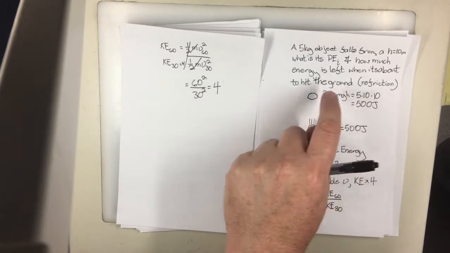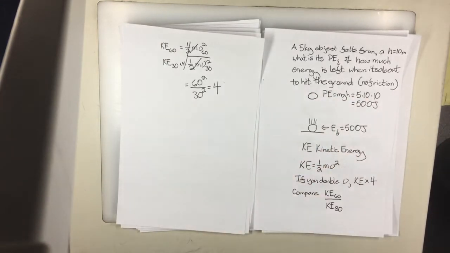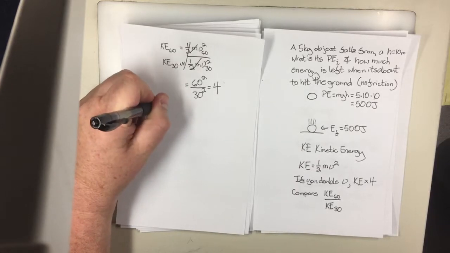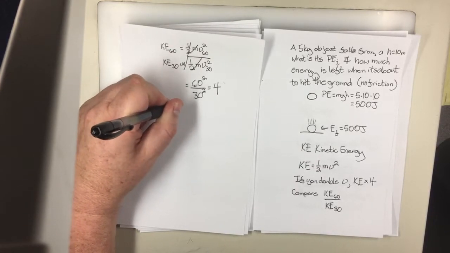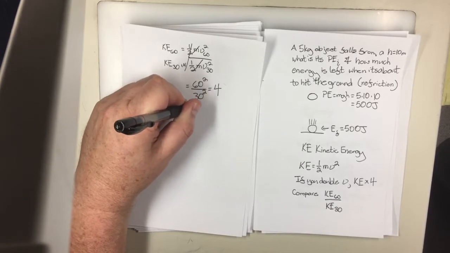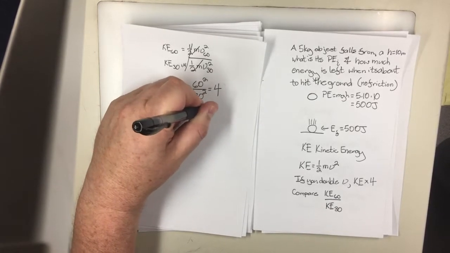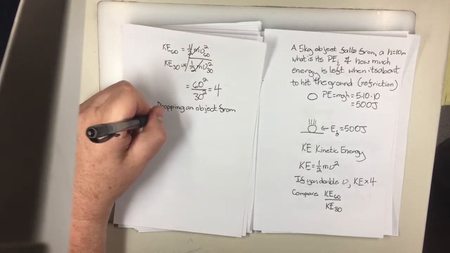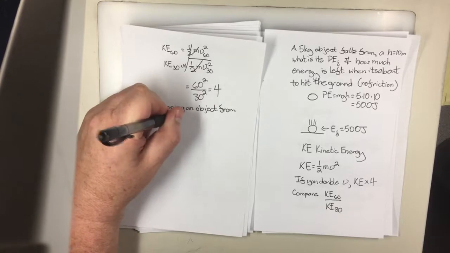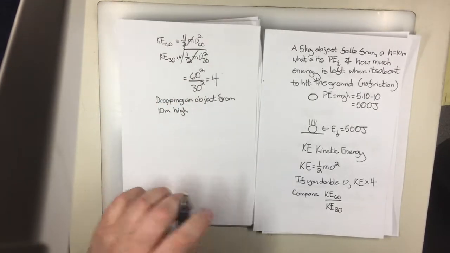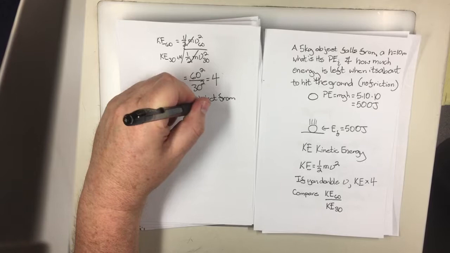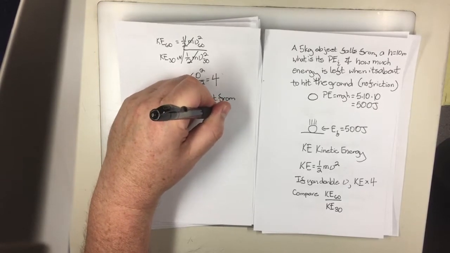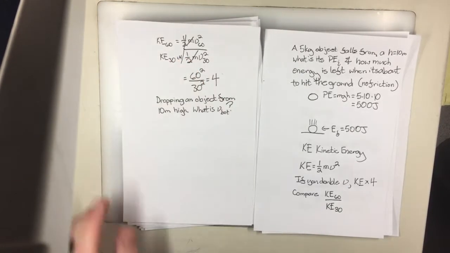So in the first part, I drop this object from 10 meters high, and I want to know the velocity at the bottom.